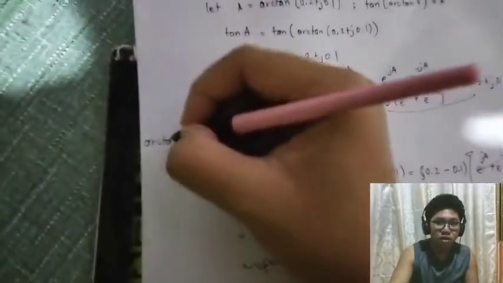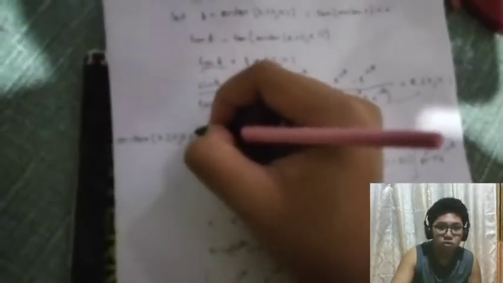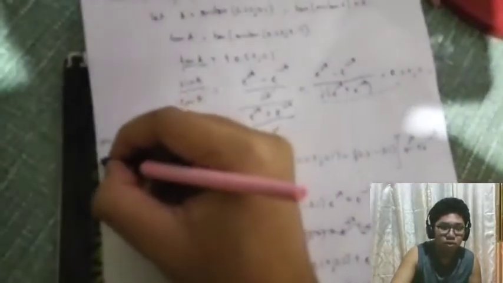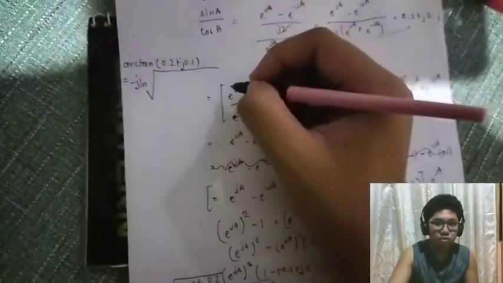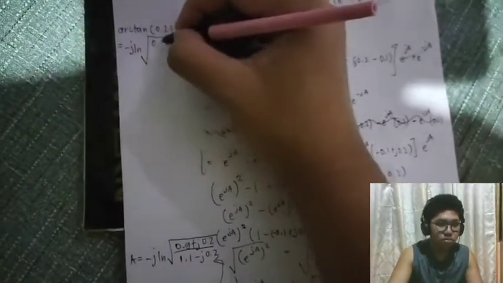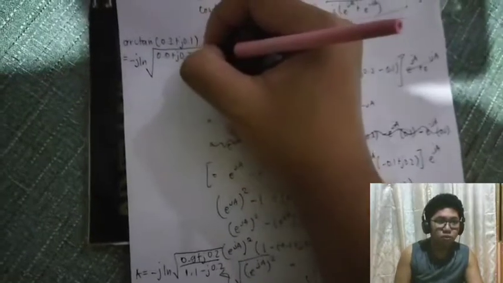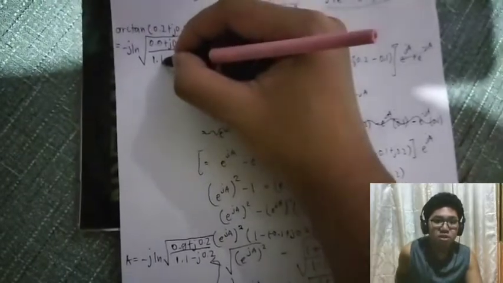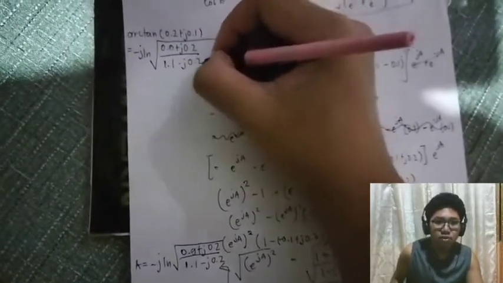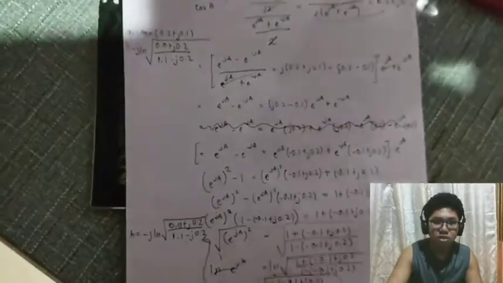Then our final answer is the arctan of 0.2 plus j 0.1 is equal to the negative j ln of the square root of 0.9 plus j 0.2 all over 1.1 minus j 0.2.